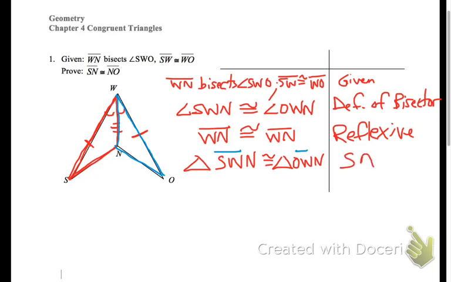That's by side angle side. We've got congruent triangles. Well, with congruent triangles, what we're looking for is segment SN congruent to segment ON, or rather segment NO. Segment ON, segment NO, same segment, and that's by CPCTC.